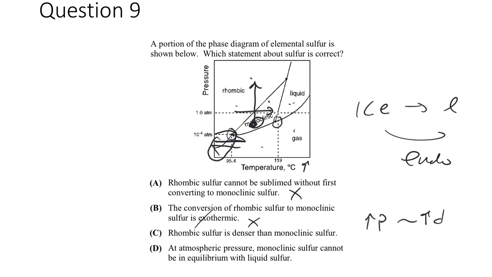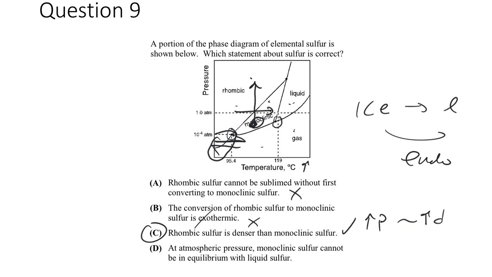So adding pressure to a substance is the act of increasing the density of a substance. If we increase the pressure of rhombic sulfur, we increase its density. And if we take monoclinic sulfur and increase pressure onto it, we increase its density. We then have it change form at some point when we apply enough pressure into rhombic sulfur. So rhombic sulfur indeed is denser than monoclinic sulfur. So I believe this statement is true.